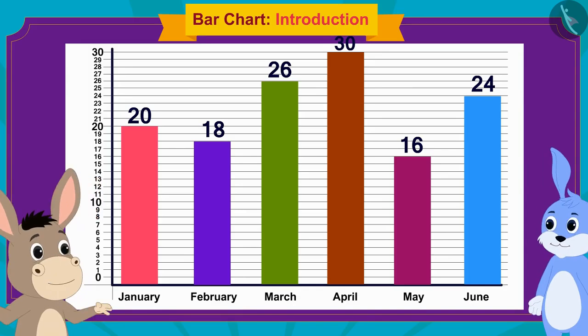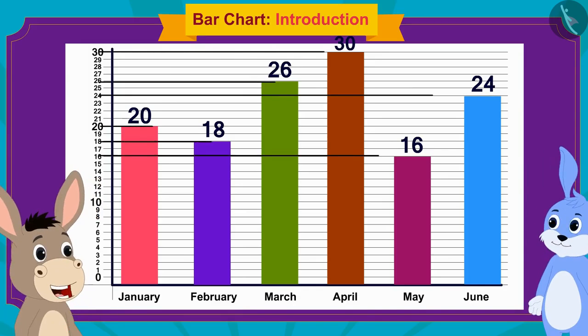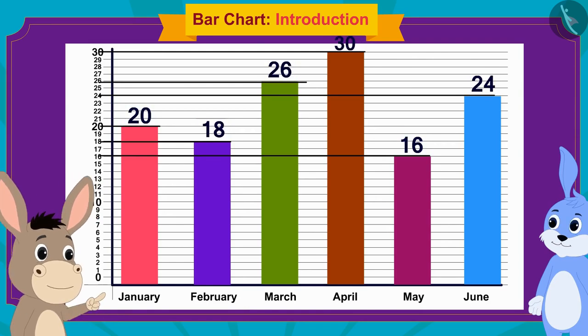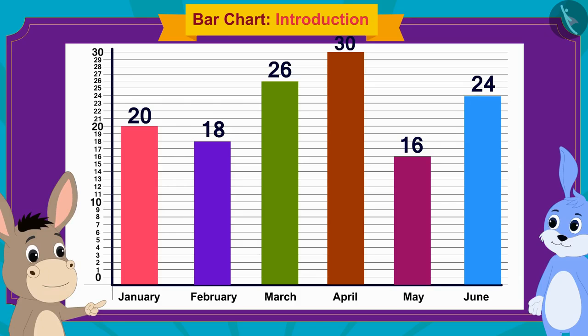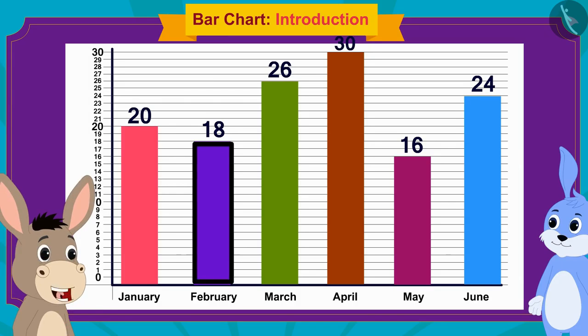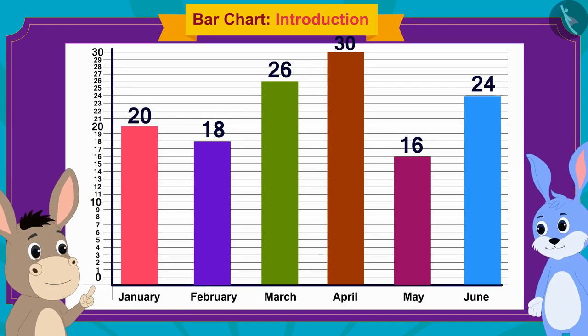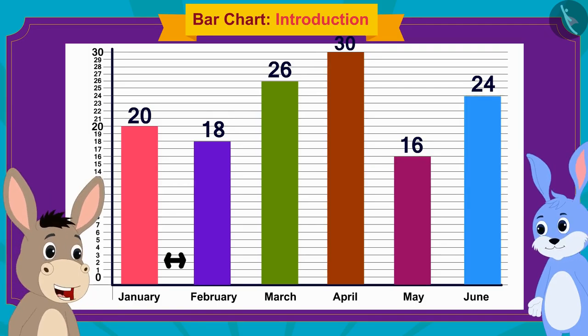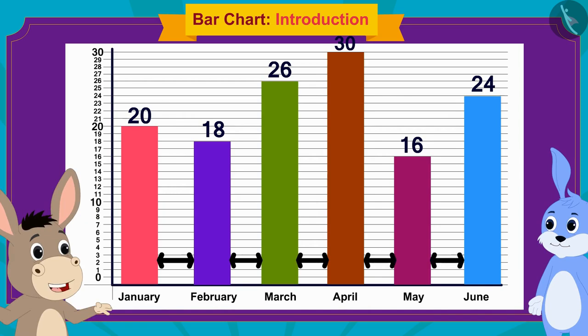Here, the height of each bar shows you the amount saved in that month. And as you can see, the bars in the bar chart are rectangles of exactly the same width, and the space between them is also equal.